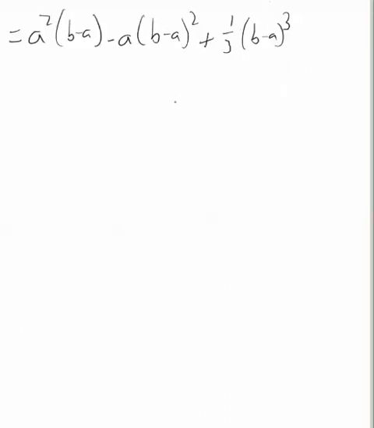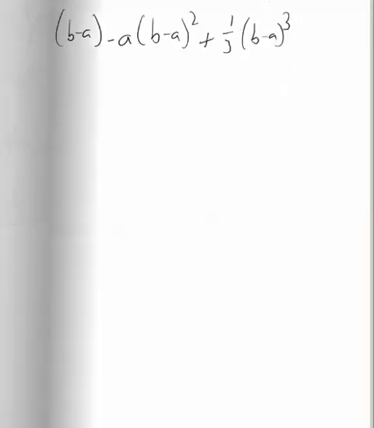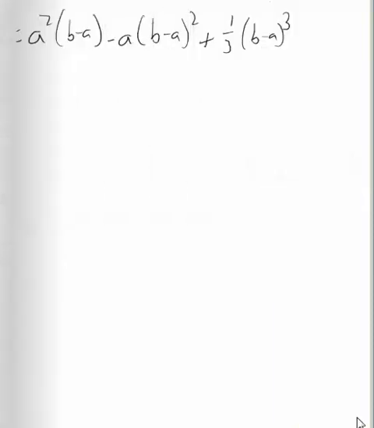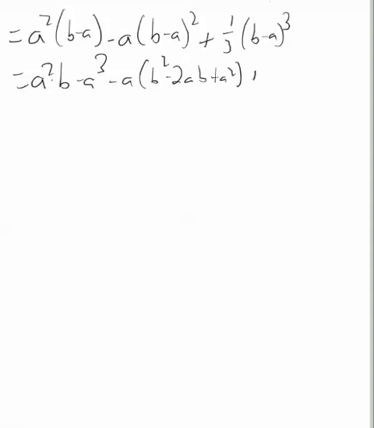All right, so here is our sort of unsimplified version of our integral for x squared from a to b. Let's go ahead and simplify that a little bit and see if we can't make this a little more user-friendly. Okay, so we've got a squared times b minus a cubed minus a, this is going to be b squared minus 2ab plus a squared plus, I'll bring it down here for some room, 1/3 times b minus a, b squared minus 2ab plus a squared.